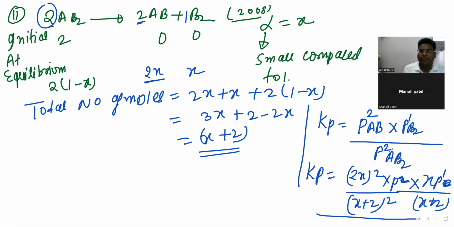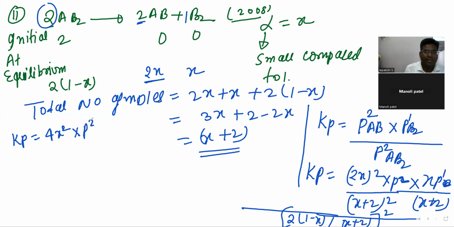Then divided by the partial pressure of AB2, which will be 2 into 1 minus x divided by total number of moles, x plus 2, raised to 2, whole squared. So Kp is equal to 4x square P square into x into P divided by x plus 2 whole square, into x plus 2.